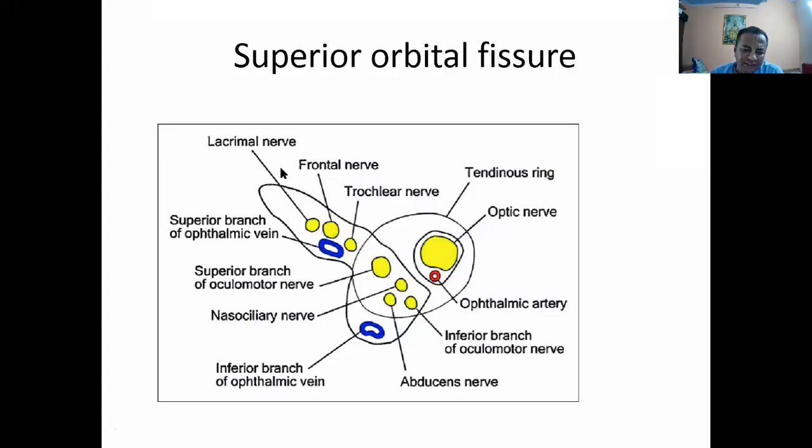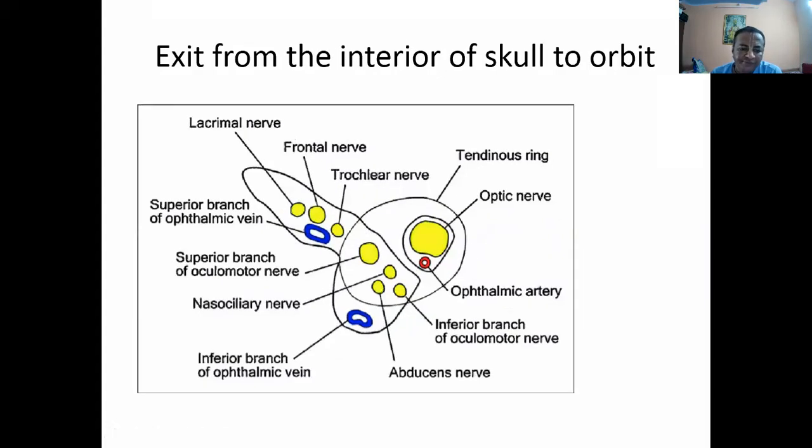So this is the orbital fissure. The orbital fissure is divided by a tendinous ring into medial part, intermediate part, and lateral part. So exit from the interior of the skull to the orbit is through the superior orbital fissure.